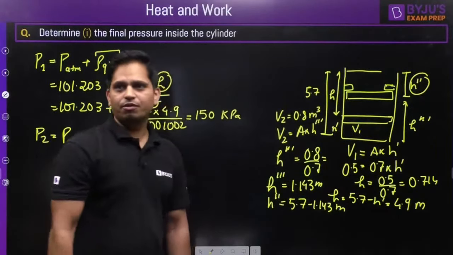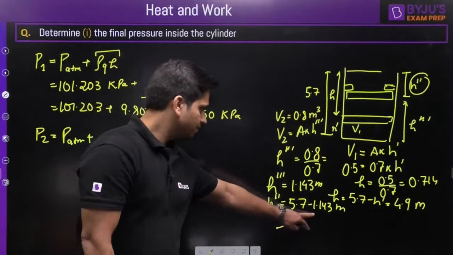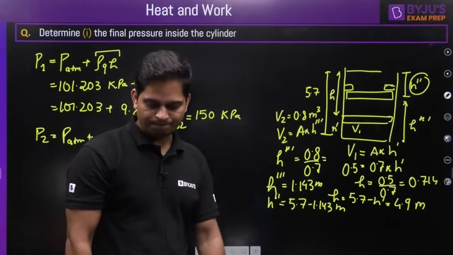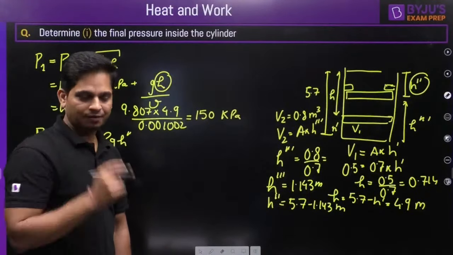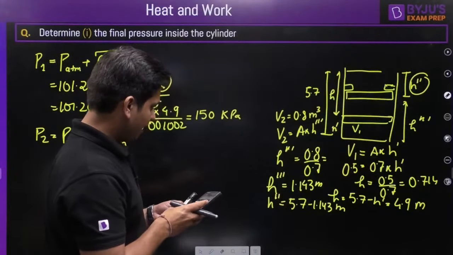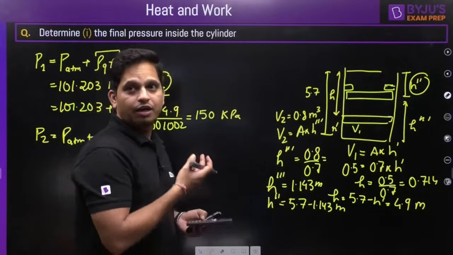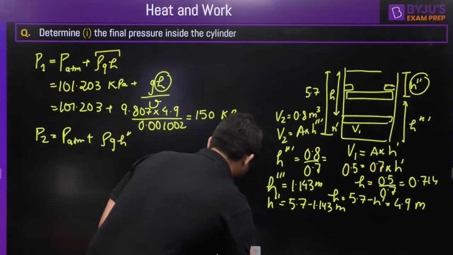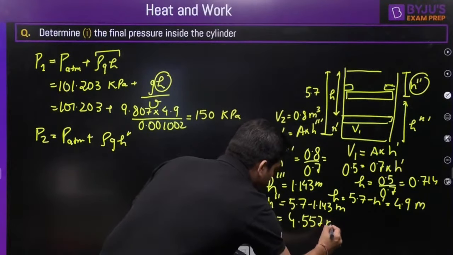Now how much is it? 5.7 minus 1.143. Yes, 4.557 meter.